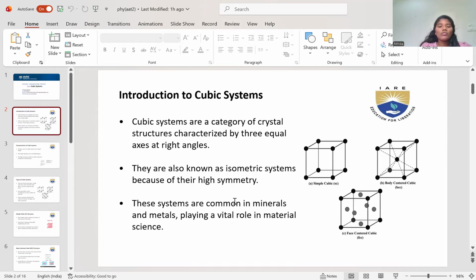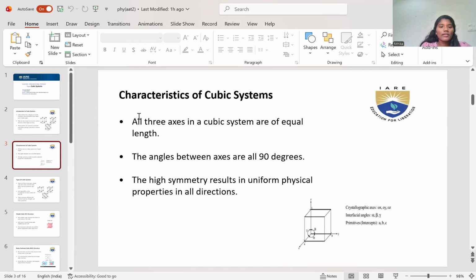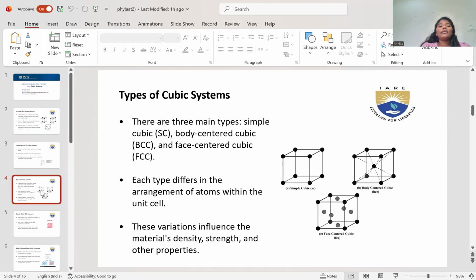These systems are common in minerals and metals, playing a vital role in material science. Characteristics of cubic systems: all three axes in a cubic system are of equal length. The angles between axes are all 90 degrees. The high symmetry results in uniform physical properties in all directions.